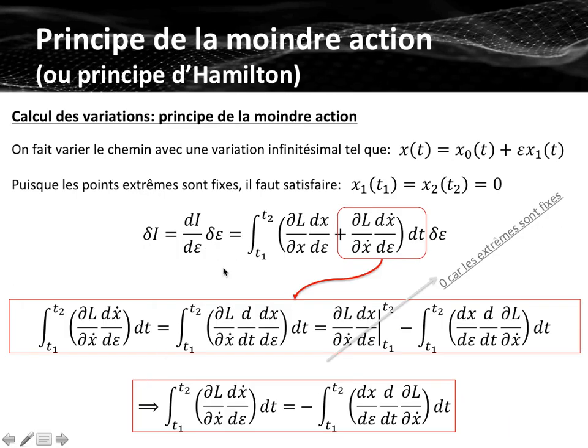So what do we get here? You can see that's the partial derivative of L with respect to x and then dx over d epsilon, so that I keep the derivation of L to d epsilon. Same for x point and delta epsilon. Now, we will take the second term here and we'll do the integration by parts.